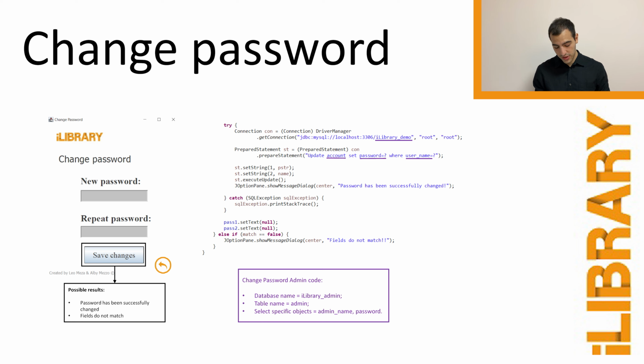This option is the same for user and for admin, and also the code is the same, except for, as I also said previously, the database, the table name, and the specific object selected being different. Once we input the new password and repeat it, of course both passwords need to match, and then we substitute the old password saved in the string related with the username of the user or the admin that just logged in with the new password.